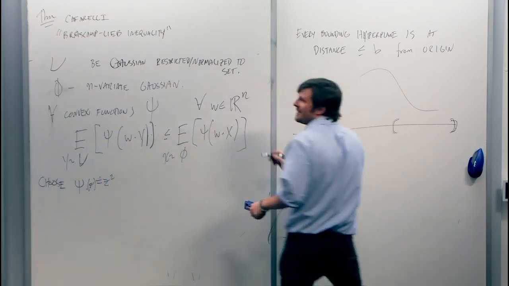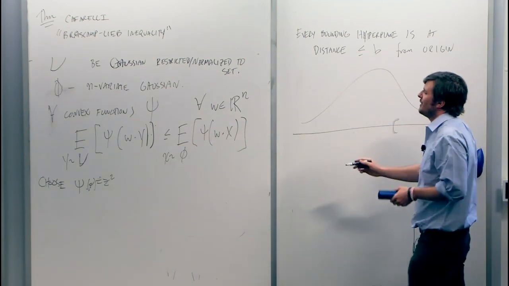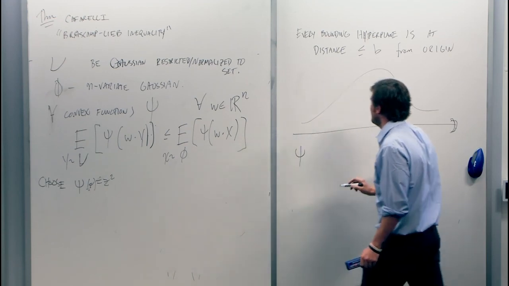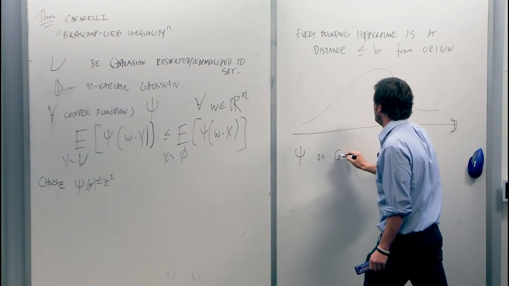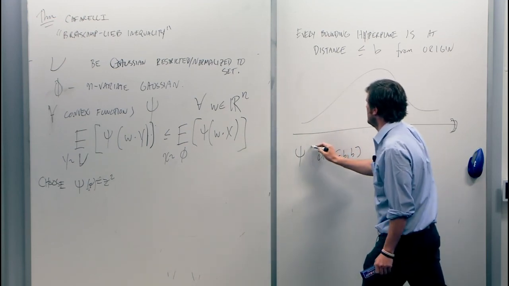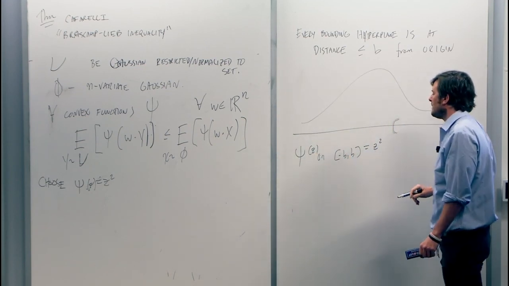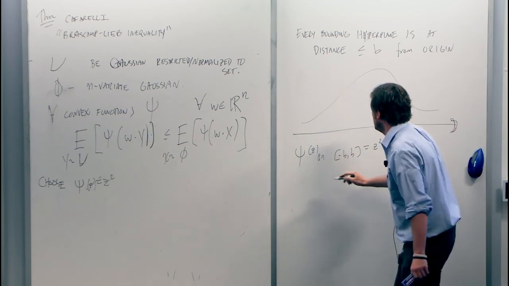So let me just show you. The whole trick here is what psi you should choose. You want to choose psi on the interval minus b to b so that psi of z equals z squared.